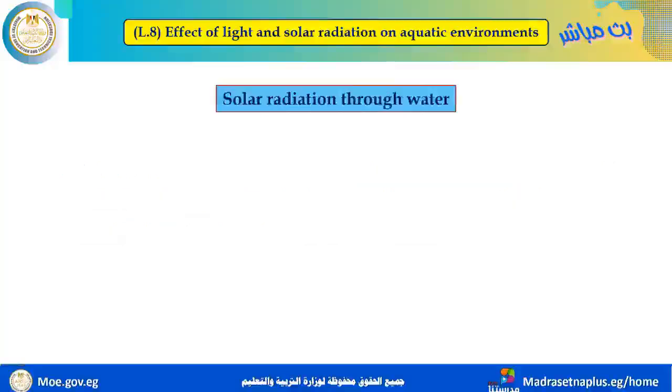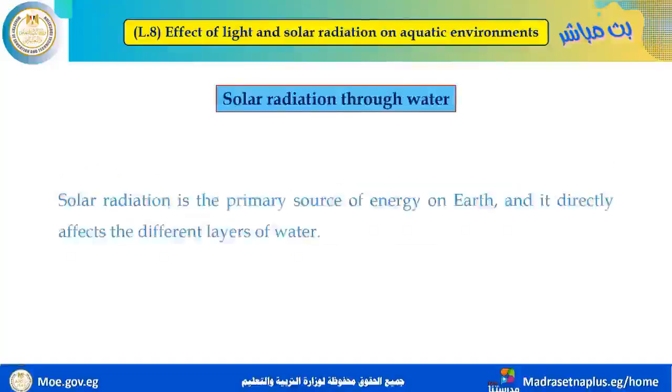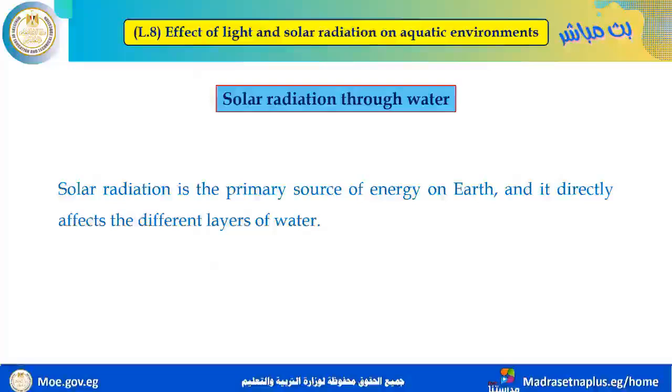Now, the solar radiation through the water. Solar radiation is the primary source of energy on Earth, and it directly affects the different layers of the water. Why?